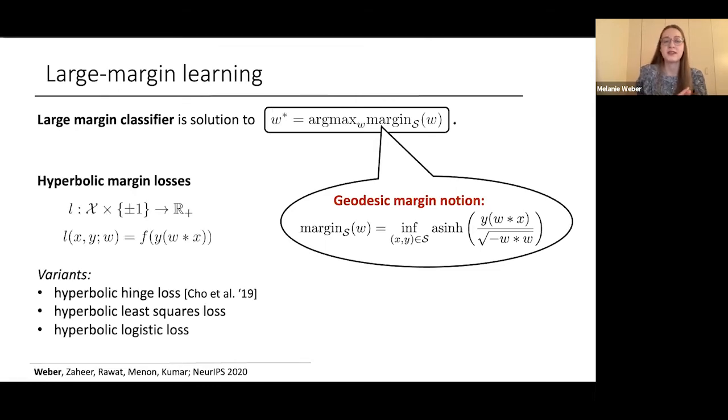For training a support vector machine style algorithm in hyperbolic spaces, we also need a notion of margin losses, which are defined in principle analogously to what we consider in Euclidean spaces. That's also why we named them in the same way as we would name them in Euclidean spaces, just defining equivalent functions that have a similar behavior in hyperbolic spaces.